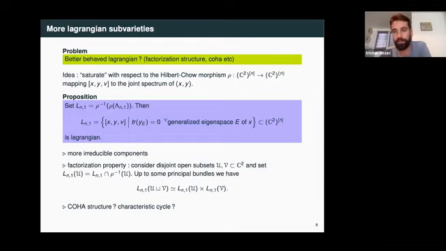So that's bigger, and you can feel that it's easier to manipulate. You see that you get different dimensions here, clearly. And this is why you've got more irreducible components in this case.